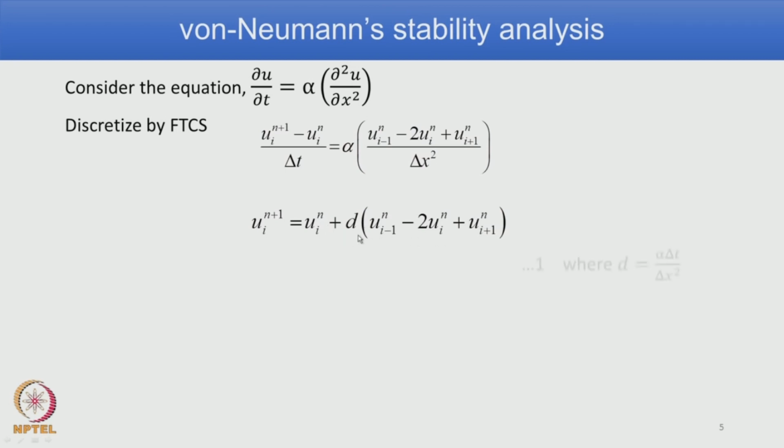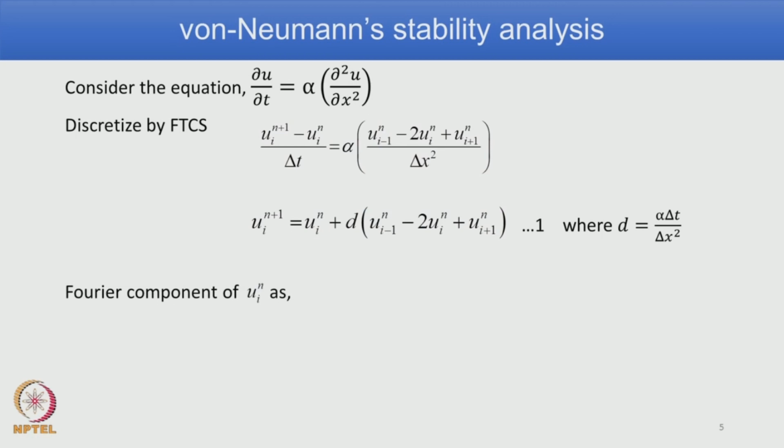What is d? d is alpha times delta t by delta x squared. The delta x squared is in the denominator from the central space, and delta t comes from the left hand side because of the forward in time, and all are combined together to give the coefficient d, written as alpha delta t by delta x squared.